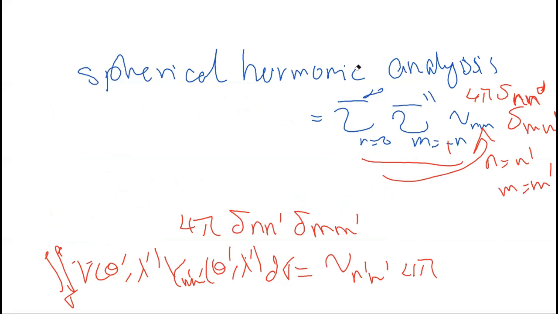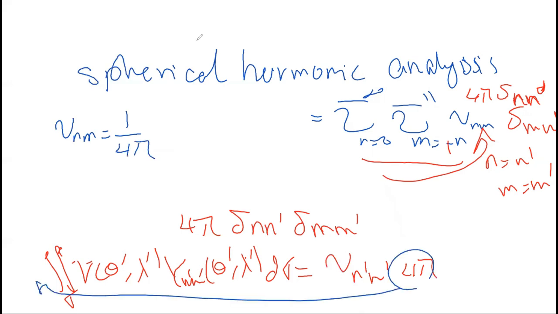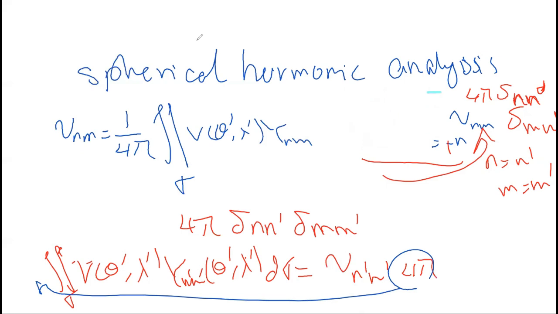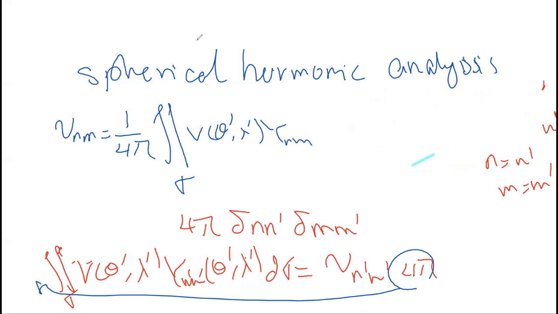So V_nm will be 1 over 4 pi. This 4 pi goes here. Integral of the V function of theta prime lambda prime Y_nm of theta prime lambda prime d sigma.